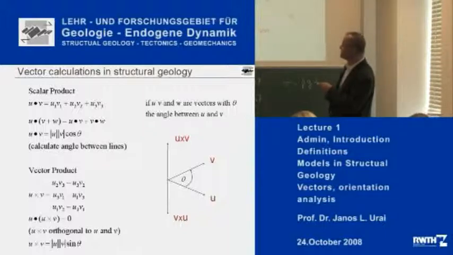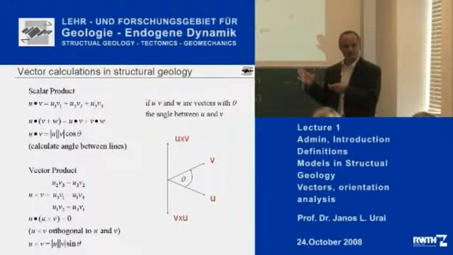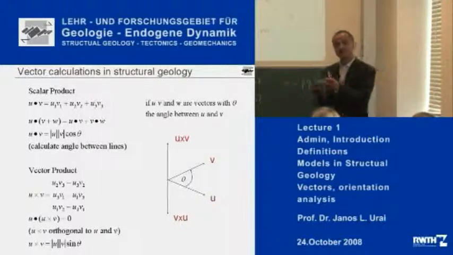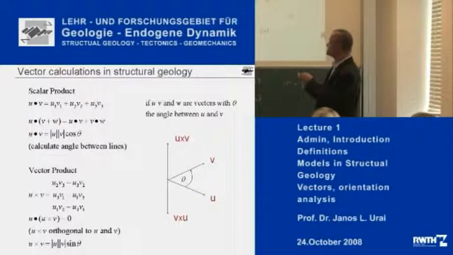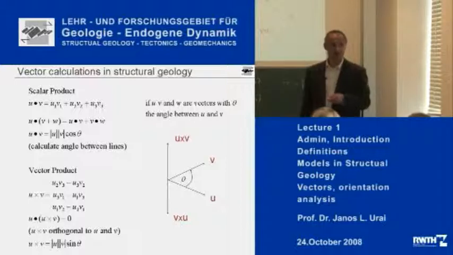The scalar product of two vectors is the length of the first vector multiplied by the length of the second vector times the cosine of the angle between the two. So if you want to calculate the angle between two, you just take the scalar product and divide it by the length of the one and the length of the other.